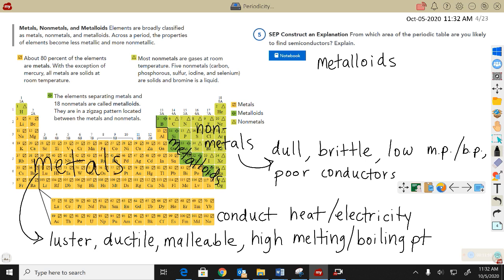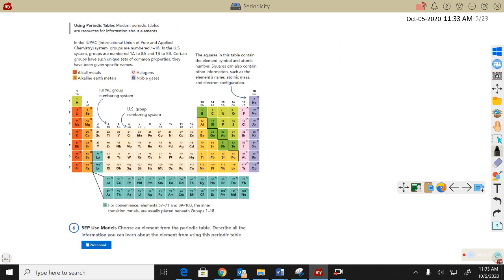Often you can mix elements, like you can mix metals and metalloids to make a final product that has the exact properties you're looking for. Pretty cool, huh? So we can group elements very generally by whether they're metals, nonmetals, or metalloids, and we could predict some of their general properties then.